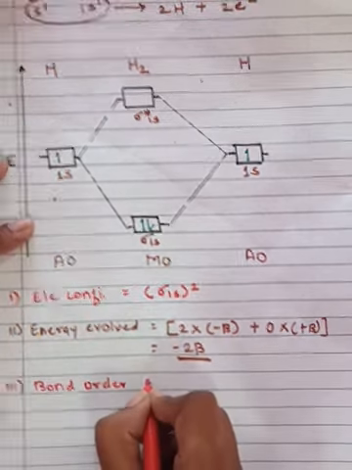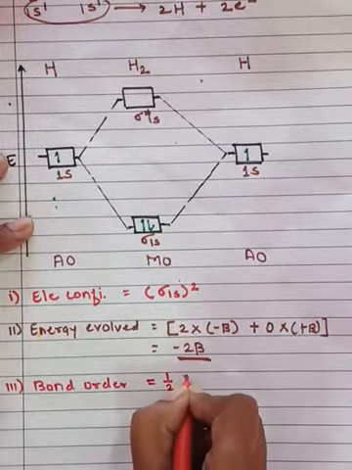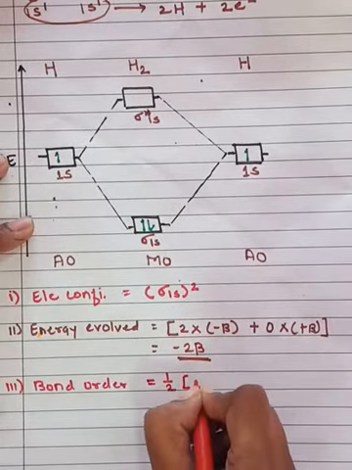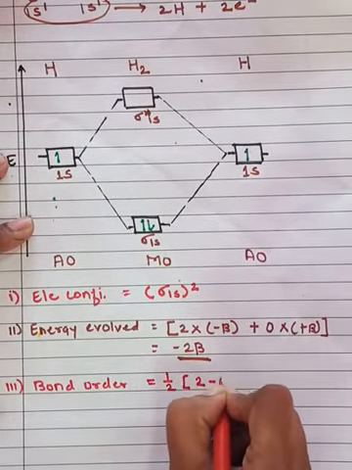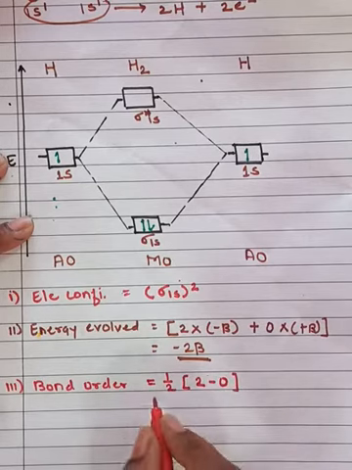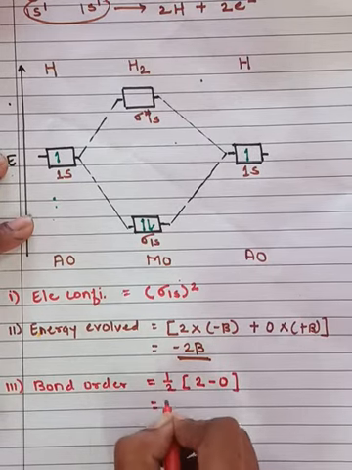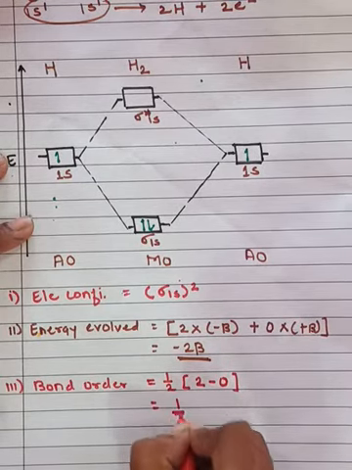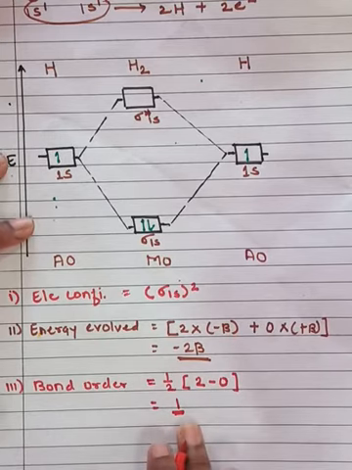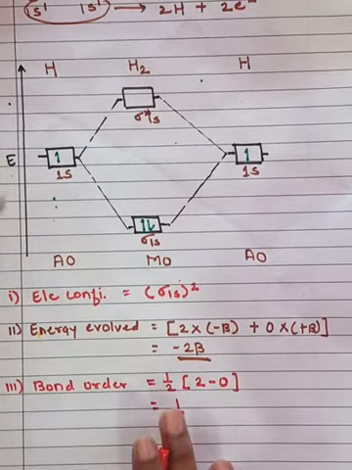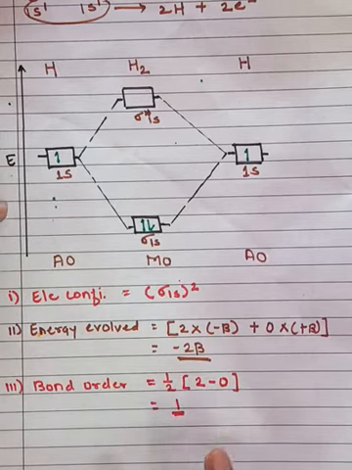So this becomes 1/2 into, there are 2 electrons in BMO and 0 electrons in ABMO, which equals 1. Hence the bond order of the H2 molecule is 1. It indicates that there is one bond between the two hydrogen atoms. Hence the H2 molecule is a stable molecule.